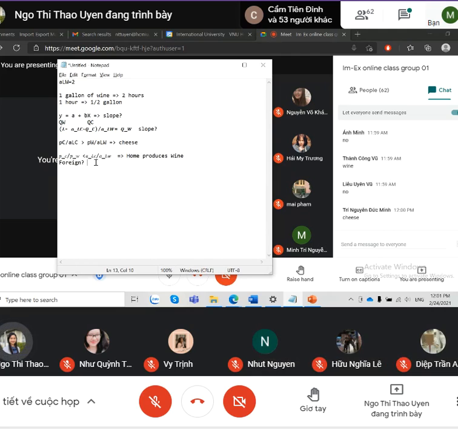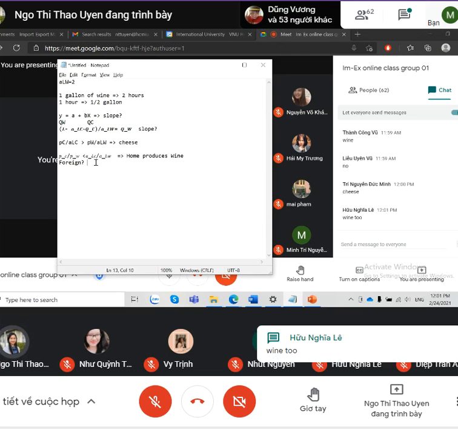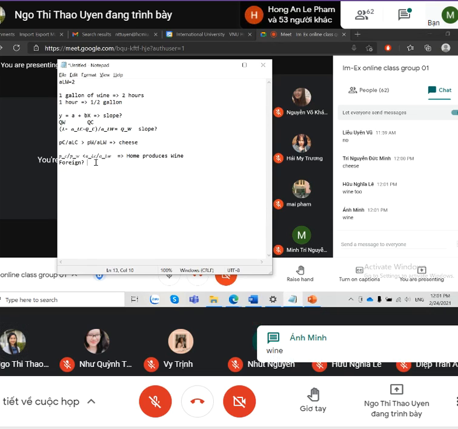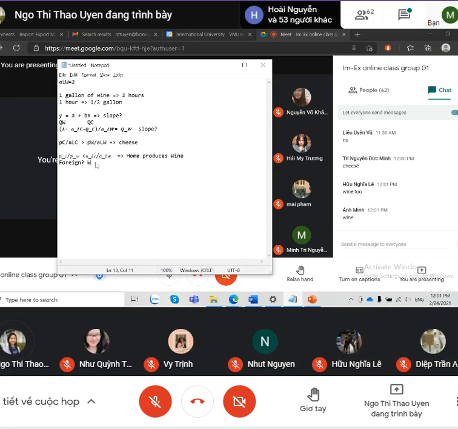Cheese? Any other idea? Foreign will produce what? When the relative price of cheese is smaller than the opportunity cost of cheese. Correct. Foreign will produce wine.